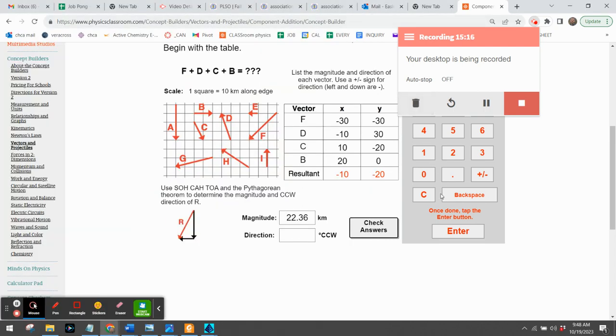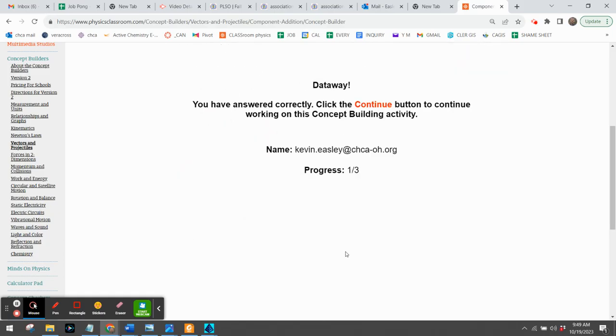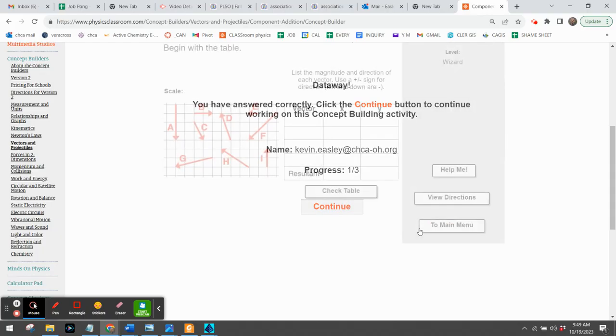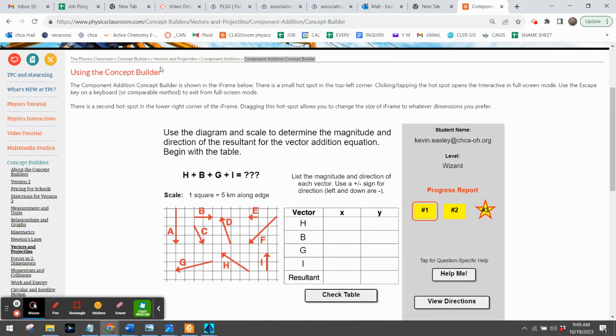And I'm going to jump over here. Right here, 243.43. And let's see. There we go. In fact, that is correct. And so that would be how you would do one of these for the concept builder.